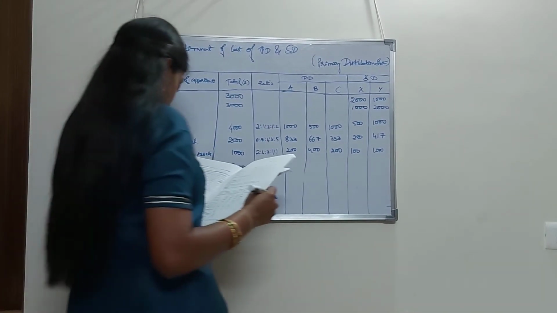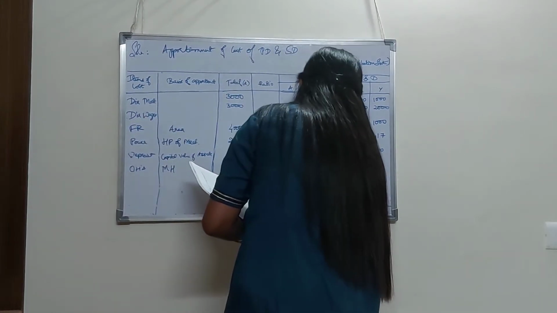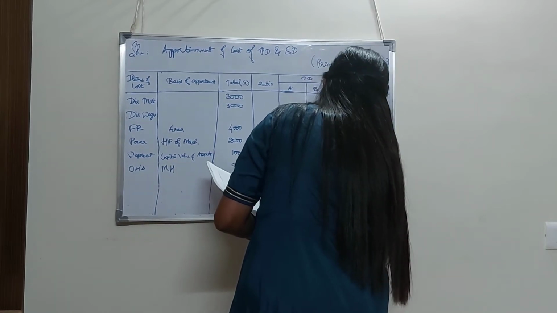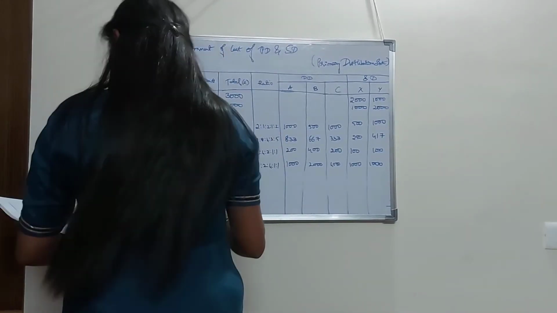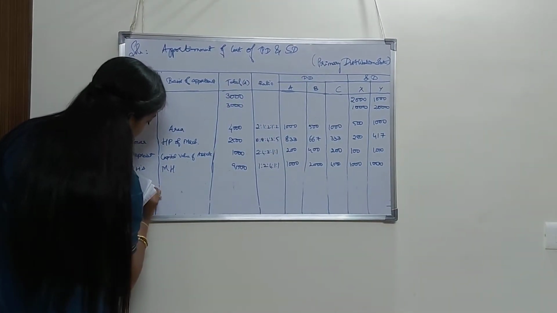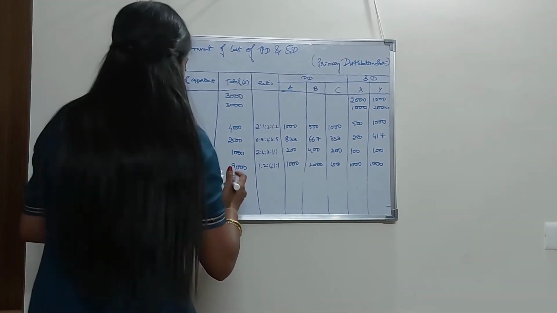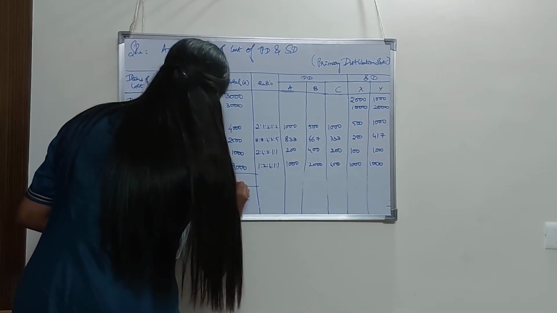And your amounts would be 1,000, 2,000, 4,000, 1,000, 1,000. And the total would be 22,500.